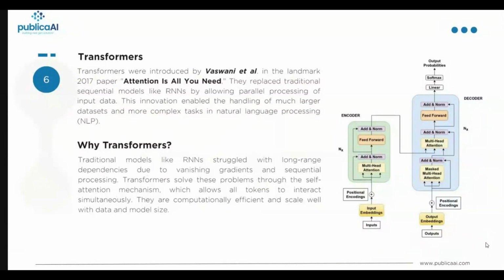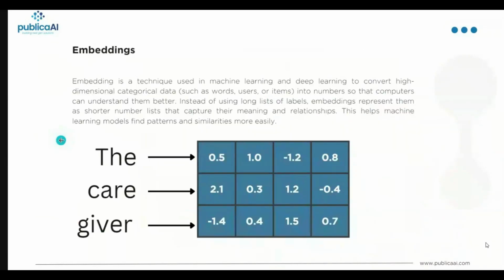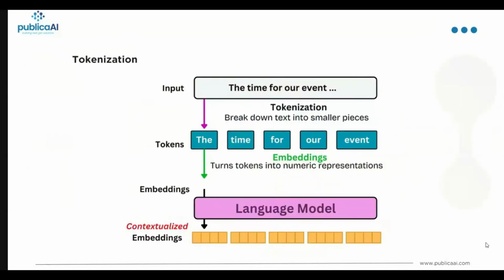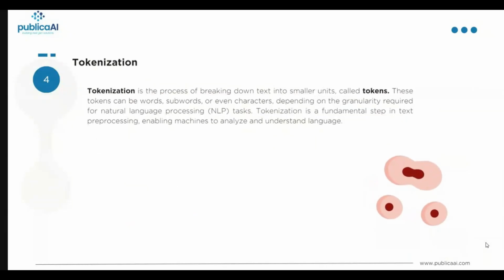They are computationally efficient and scale well with data and model size. So this is the problem that the transformer came to solve. And before you can put in the data, you have to tokenize. So that is where this is coming in.